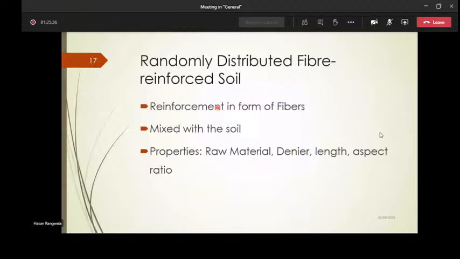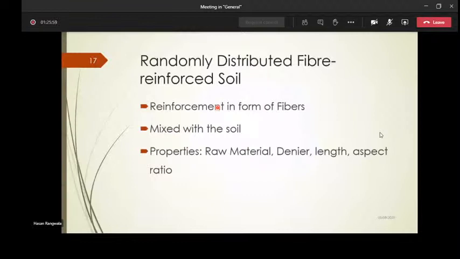So for different fibers, I have to see these properties, and based on this and on some studies, I have to make a recommendation of what percentage of the fiber I want to use in a particular application.